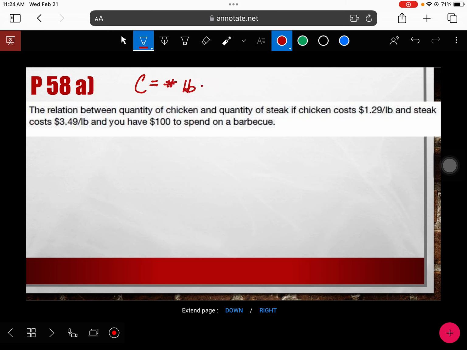Number of pounds of chicken. And S is going to be the number of pounds of steak. Okay? All right, so I love those variables. Talk to me more about this.